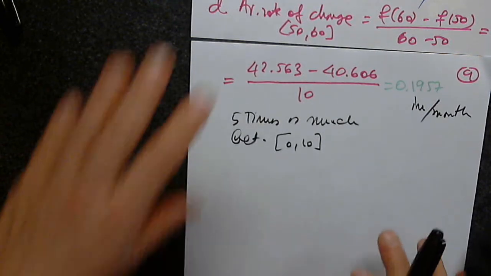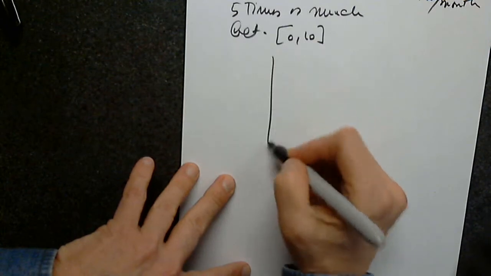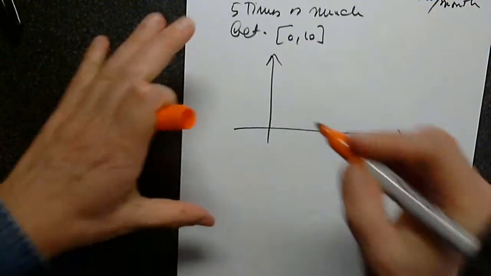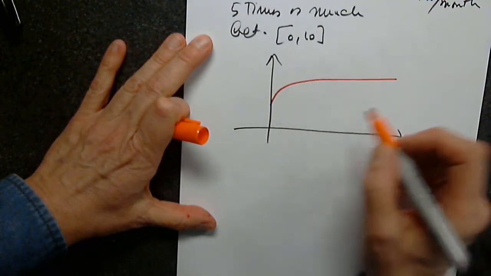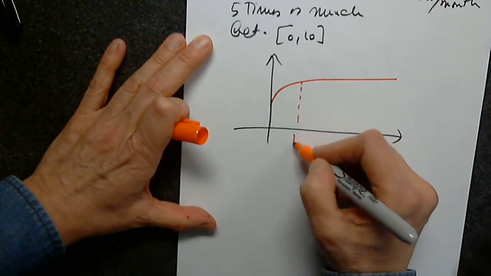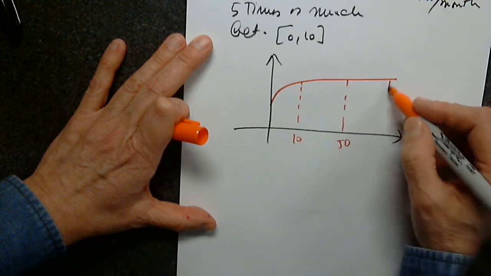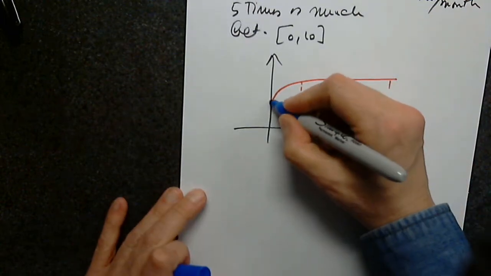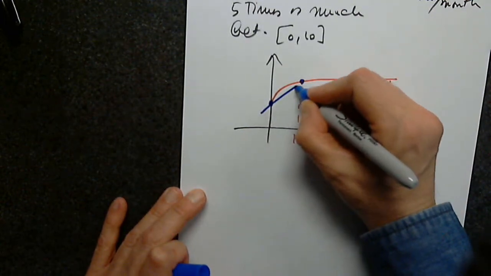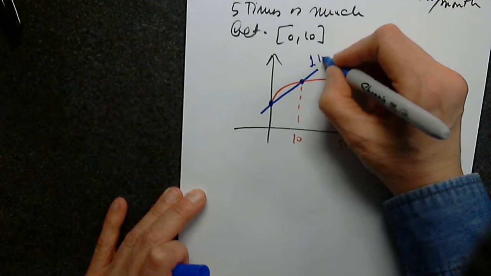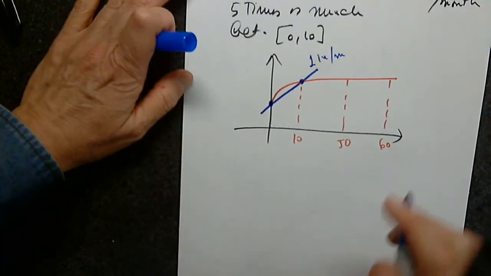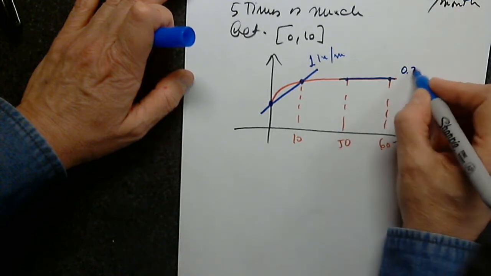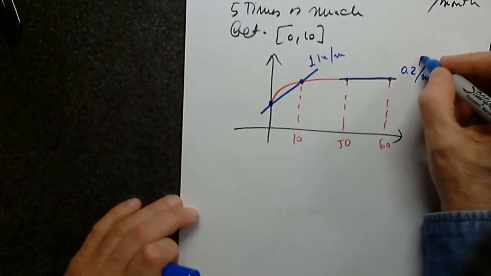So on the graph, if you want to illustrate that, here's how we get that. Here's the graph one more time. This is between 0 and 10, and this is 50 and 60. So here's the slope. The slope between 0 and 10 is almost 1 inch per month. The slope between 50 and 60 is only 0.2 inch per month.